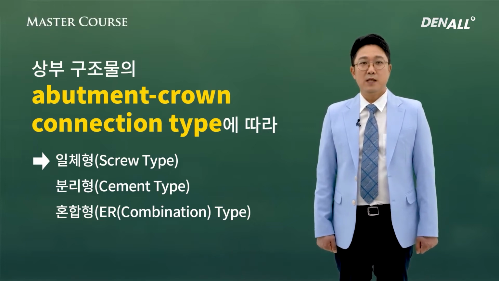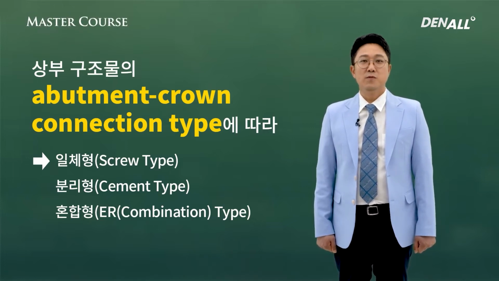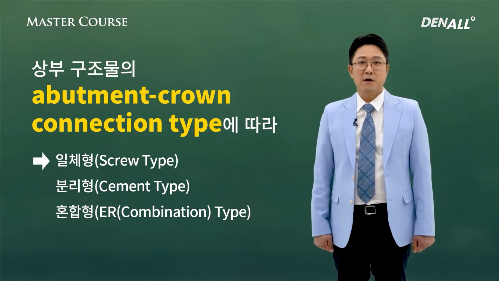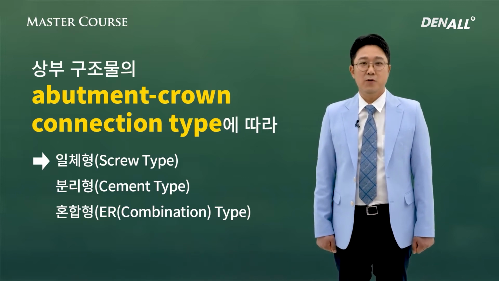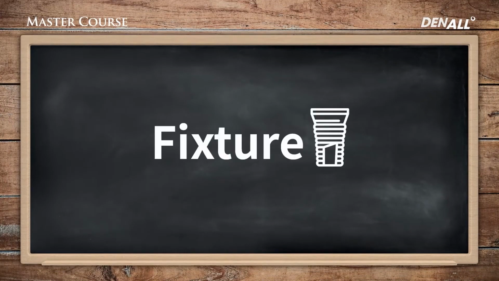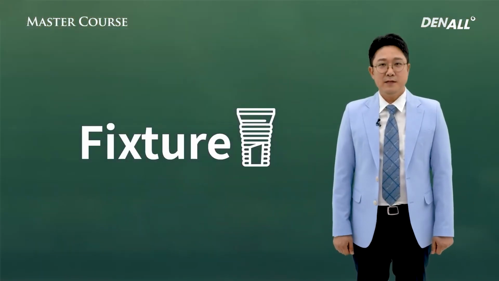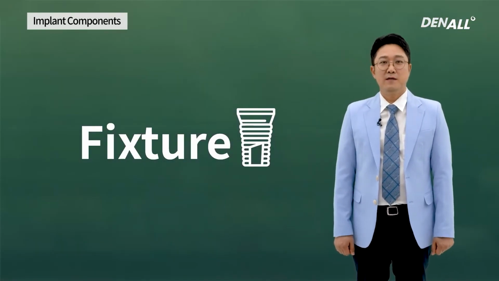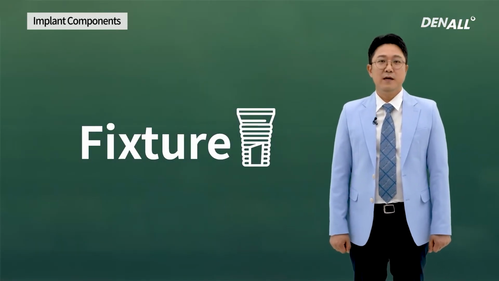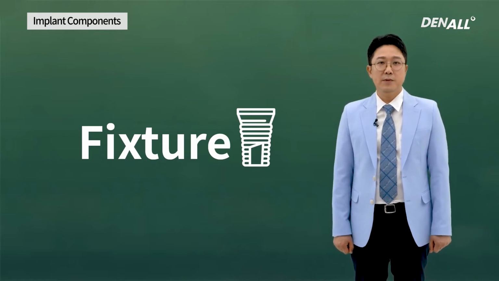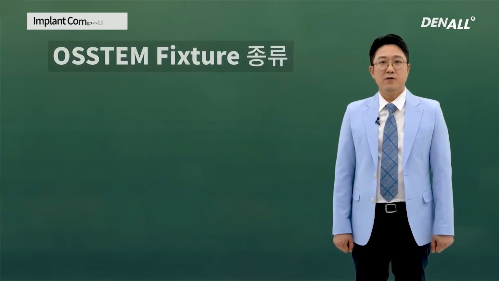We have talked about the components of implants and how the components are connected. Now, let's look at the different components in more detail. First, let's talk about the fixture. The fixture's shape has changed and evolved following the different clinical requirements.